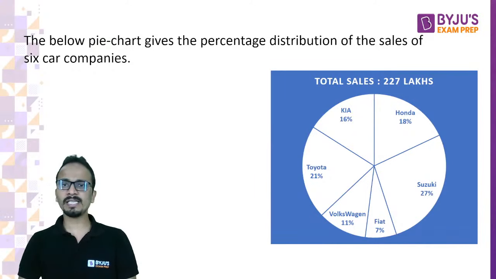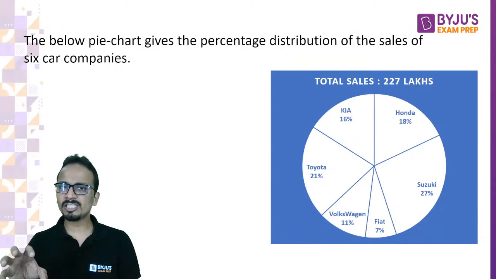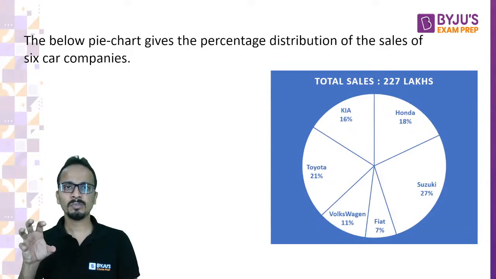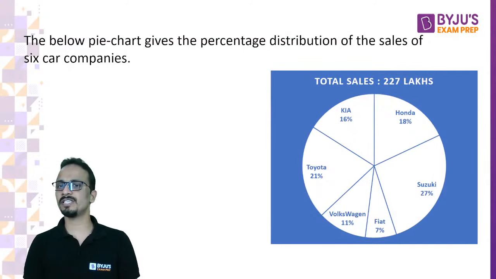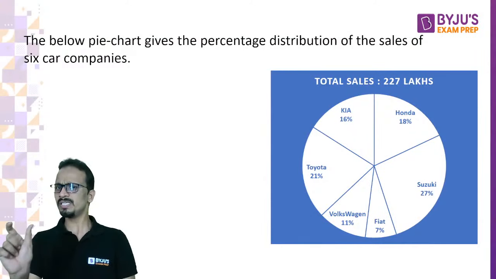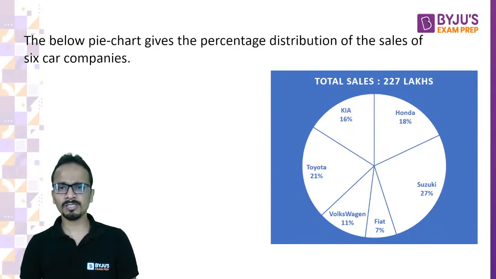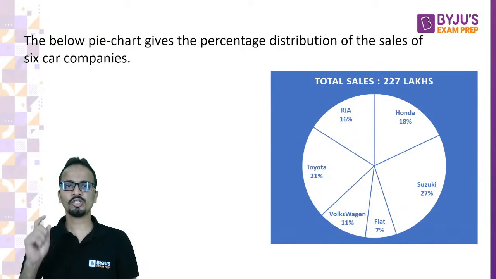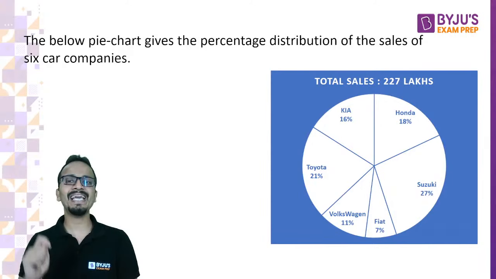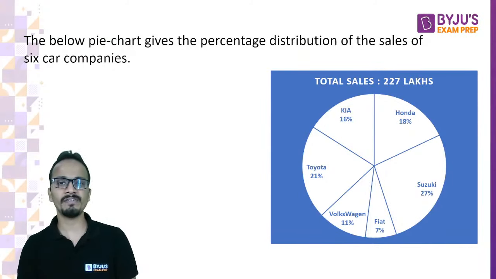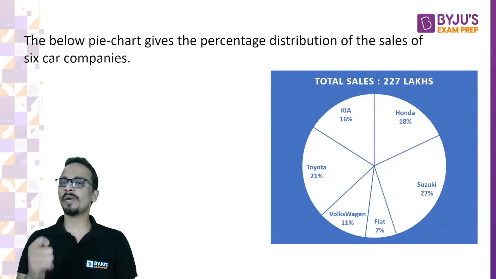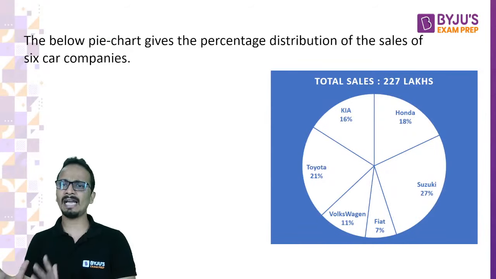The total sales is given as 227 lakhs, and the pie chart gives you the percentage distribution of this sales. So for Volkswagen it is 11%, so the sales of Volkswagen will be 11% of 227. Sales of Toyota will be 21% of 227 and so on.